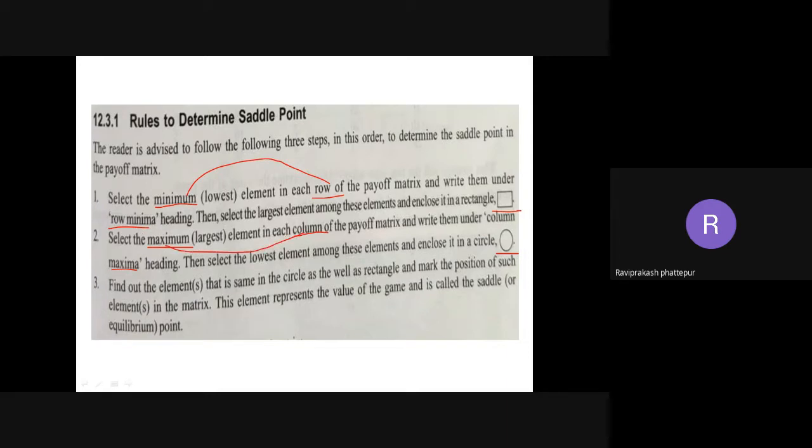For rows, find the minimum values, and out of those find the maximum value. For columns, find the maximum values, and out of those find the minimum value. One we put a rectangle around and the other a circle. If both match, that is the saddle point, and the value at that point is the value of the game.